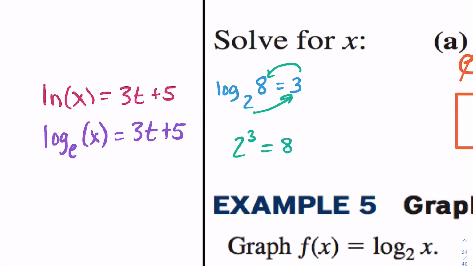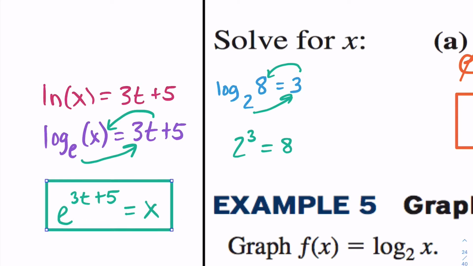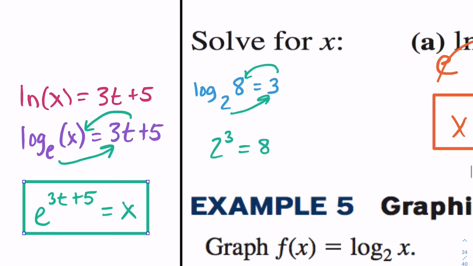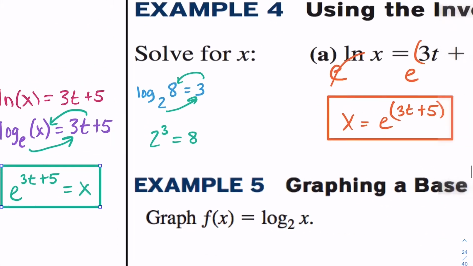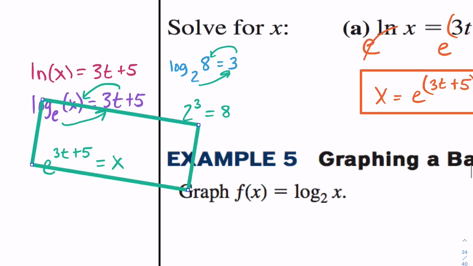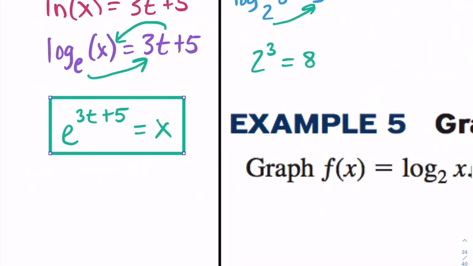I can do e to this power equals x. So e to the 3t plus 5 equals x. So you can do either method here. You're going to end up with the same thing. x equals e to the 3t plus 5. And I'll put this in parentheses.